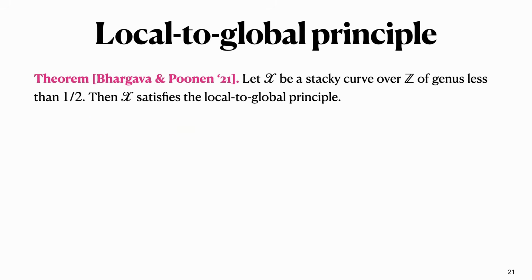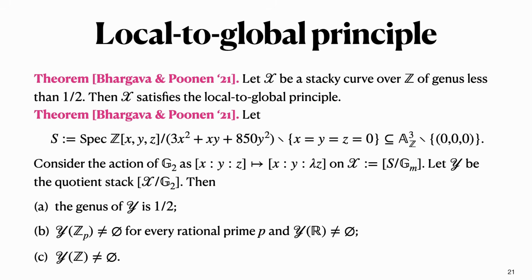But they also prove that if you are at 1/2, there is at least one counterexample, one curve of genus 1/2 that does not hold the local to global principle. So that's the cut, exactly. And they actually produce a family of counterexamples, but I just wanted to write one of them for us here. So it is a Stacky curve coming from this quadratic form.